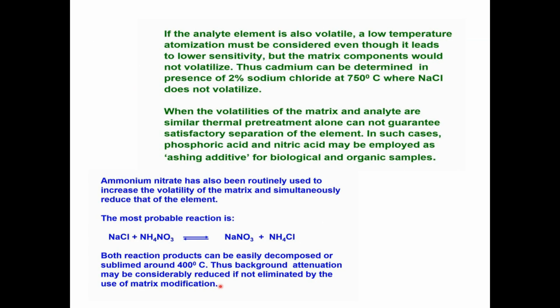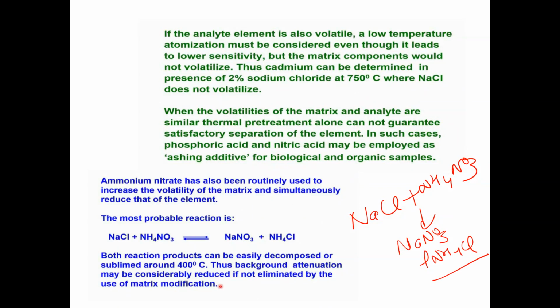It reacts with NaCl and converts it into sodium nitrate and ammonium chloride. Both reaction products can be easily decomposed or sublimed around 400 degrees Celsius. So the interference is reduced at this temperature.